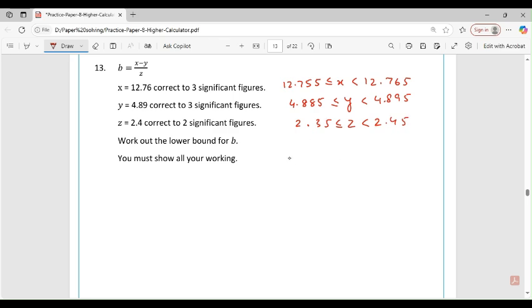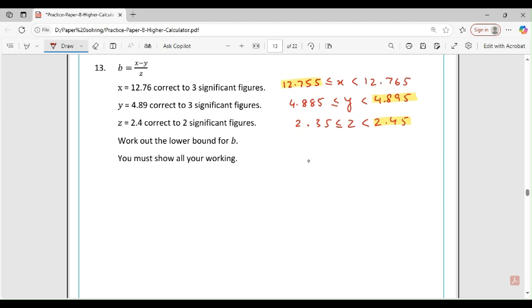And in here, now the question says we need to find out the value of x minus y divided by the value of z. So we should know very well that we should take this value over here for the first one, and for y we will take the higher bound, and for z we will take this value.